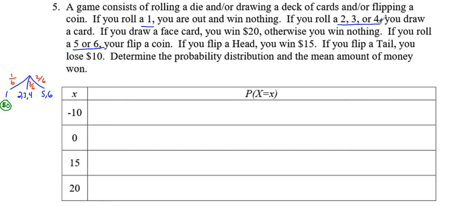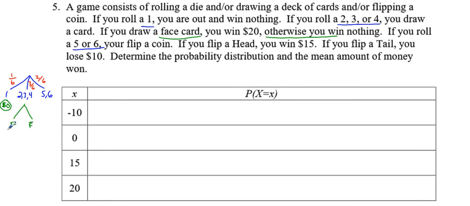If you roll a 2, 3, or a 4, you draw a card. And you're either going to draw a face card or you're not going to draw a face card. So there's only 2 outcomes here: a face card and not a face card.